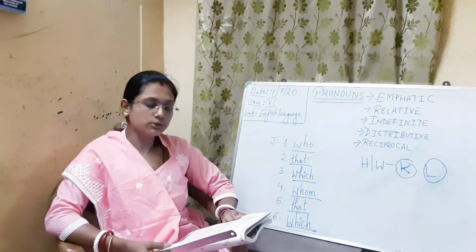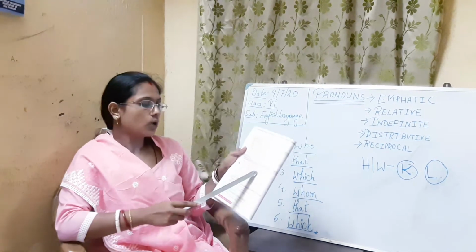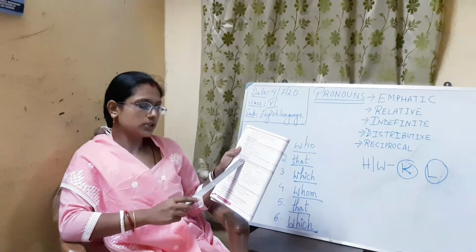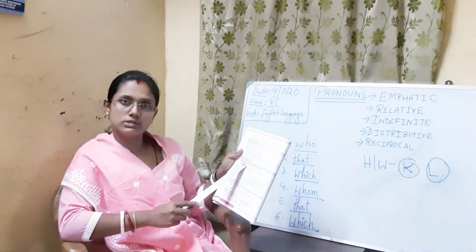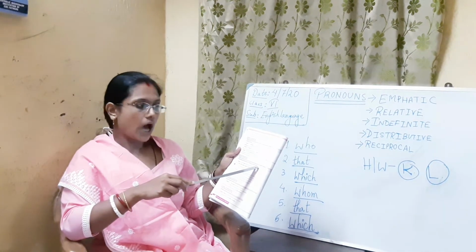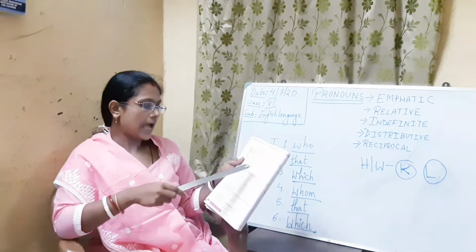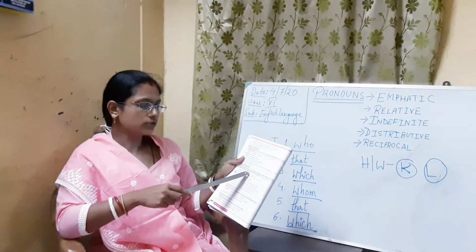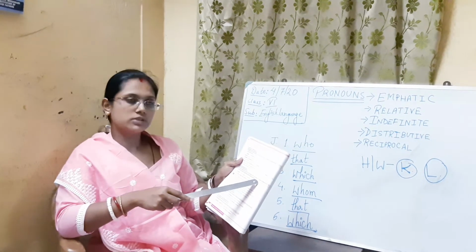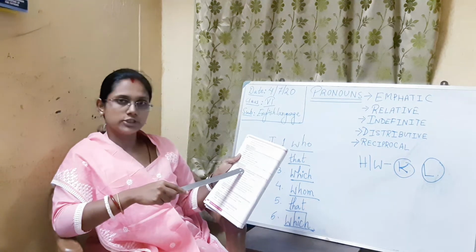Relative pronouns are used to join sentences, to refer back to a noun or pronoun, which is called its antecedent, and also to introduce noun clauses or relative clauses. So for introducing a noun clause or relative clause, we can use a relative pronoun.